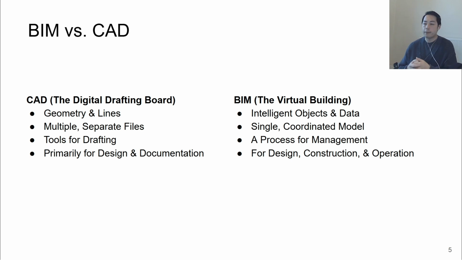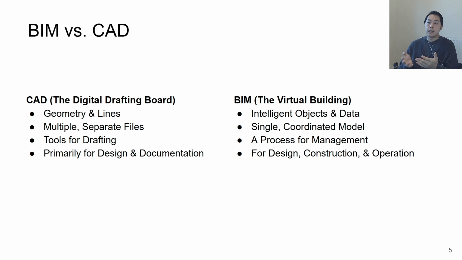So if we were to compare the two here, you can see CAD is the digital drafting board, consisting of geometry and lines, and it could be made up of multiple separate files. And it really is just tools for drafting, primarily used for design and documentation.